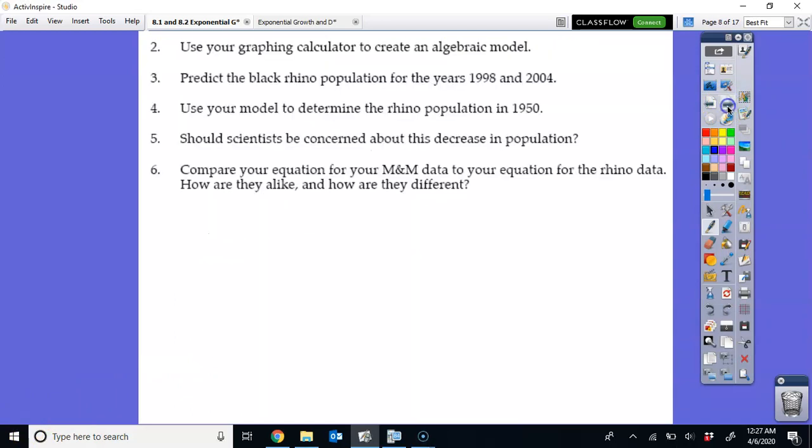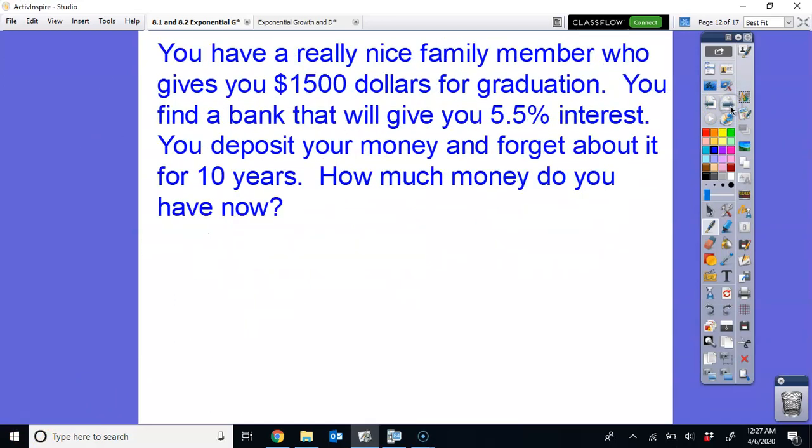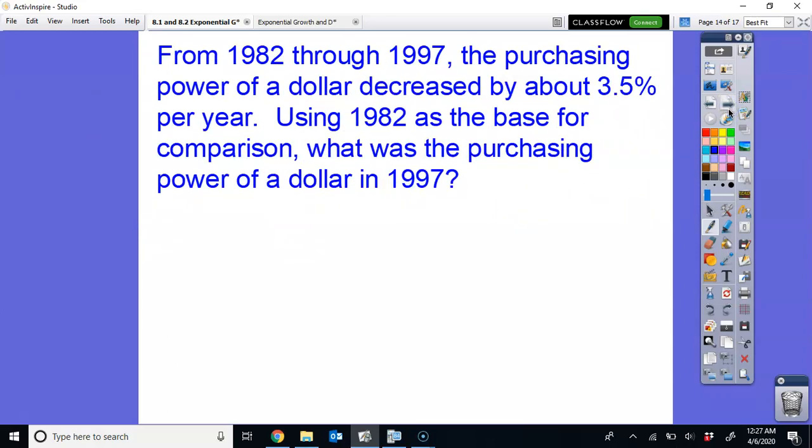All right, so let's take a look at an exponential decay function. It says here, from 1982 through 1997, the purchasing power of $1 decreased by about 3.5% per year. Using 1982 as the base for comparison, what was the purchasing power of $1 in 1997?